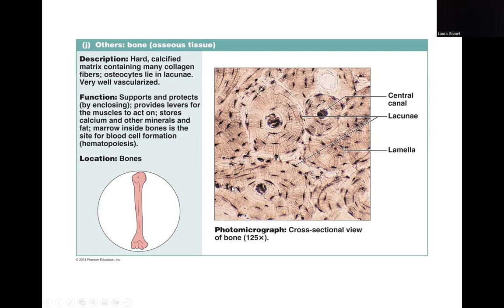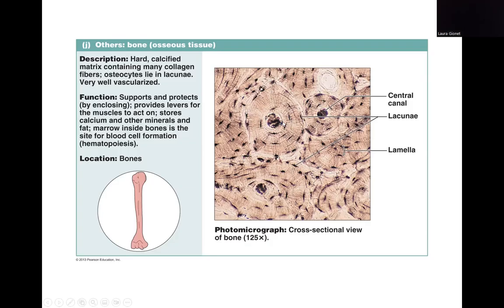And if we could magnify a little bit further, and you can somewhat see this on models, this will be much easier to see. But from lamella to lamella, from ring to ring, you see these lighter little grains that are traveling essentially perpendicular to the rings of the tree. And they're kind of coursing from lacunae to lacunae.